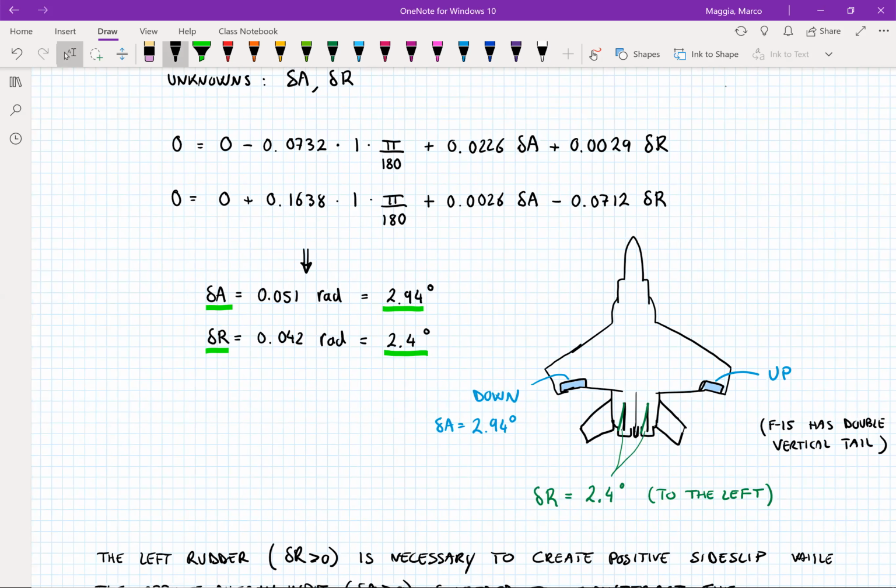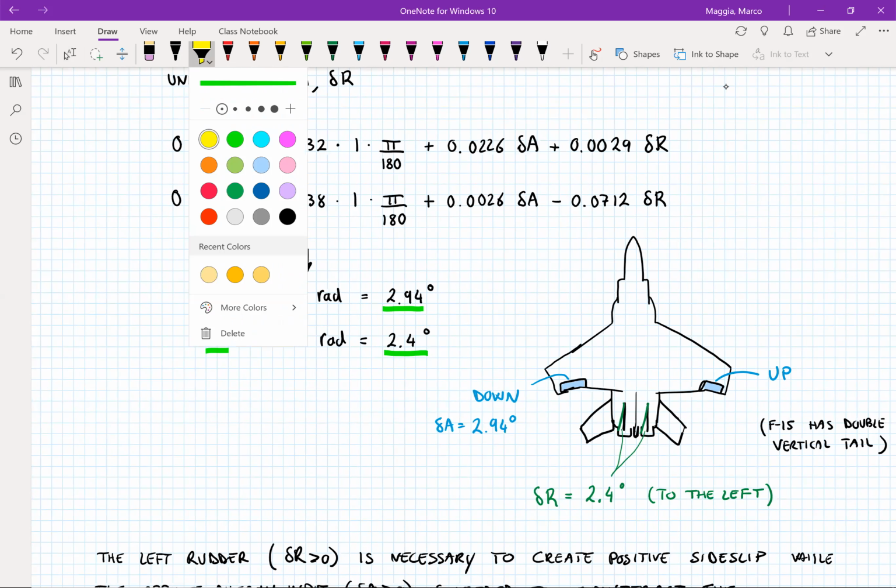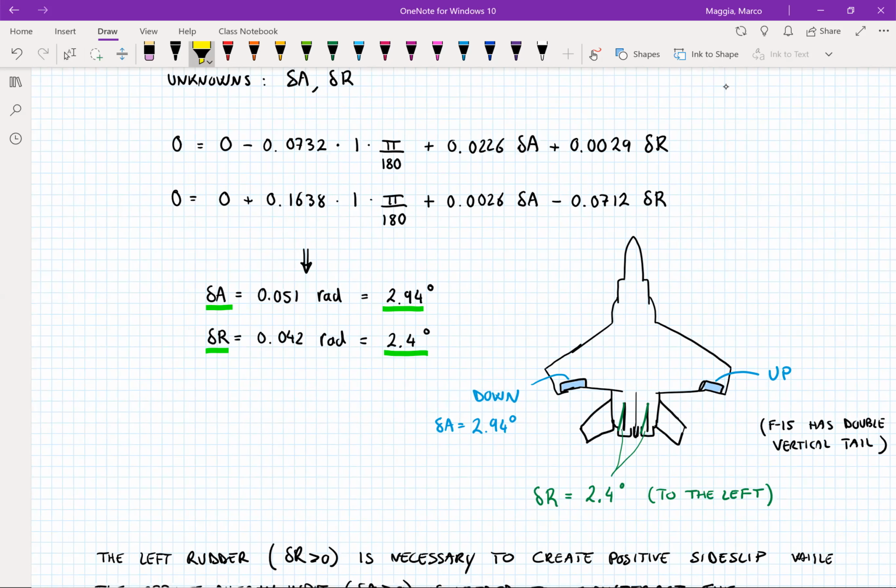That means that here we have the F-15 from the top. The rudder is angled to the left. Here you see two rudders because the F-15 has a double vertical tail. So we have a deflection of 2.4 degrees to the left, and a positive aileron angle.